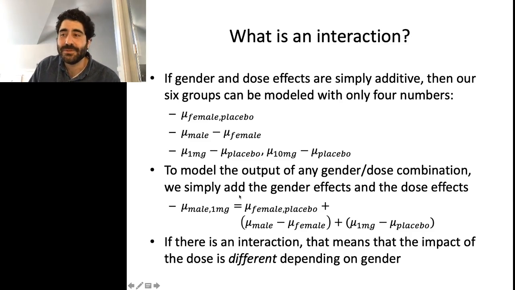Or do we need to instead know for each of the 6 groups, there's some kind of group specific mean, right? The interaction is basically asking whether we can get away with only 4 numbers here, right? These 4 numbers to explain our 6 means, or do we really need to know all 6 groups? Do we really need 6 numbers, 1 for every group, in order to model the ways that these means are different across the groups?